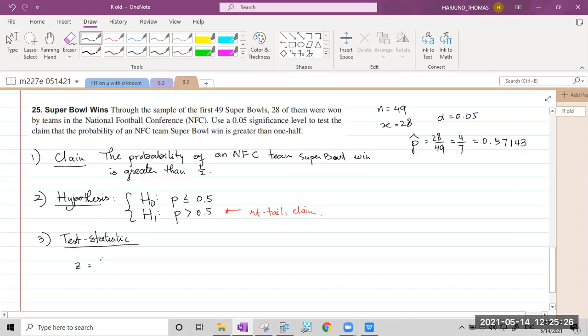So this is 0.57143 minus 0.5 over square root of P, which is 0.5, times Q, also 0.5, over 49.